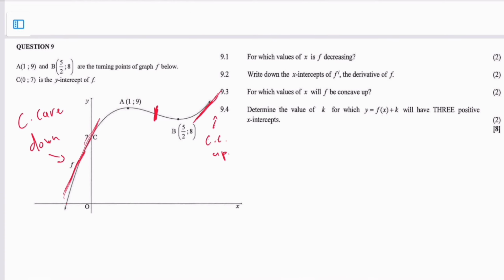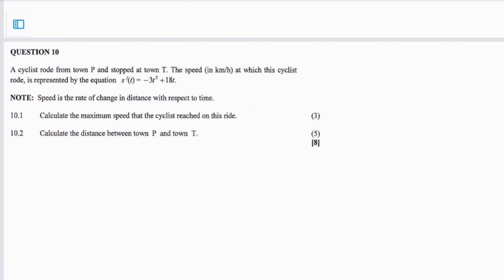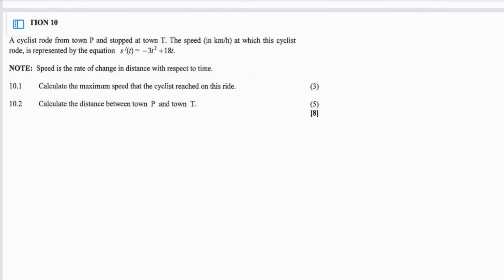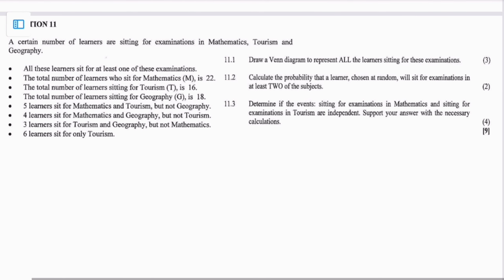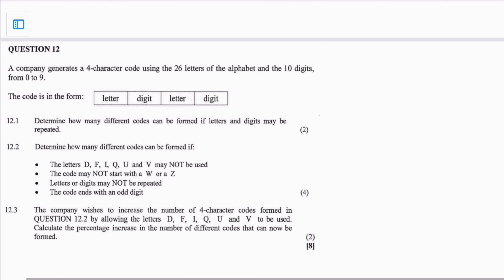We'll do a little bit of concavity, some intercepting, some shifting around cubic polynomials. And then a little bit of speed, and you guys don't get taught integration for some reason. I don't know why the CAPS syllabus doesn't do integration, but yeah, this thing where you do speed and distance and time and all that. And then we'll do a little bit of basic probability, and then a little bit of permutations and combinations. I don't know what they call that in your textbook, but that's what it's called.